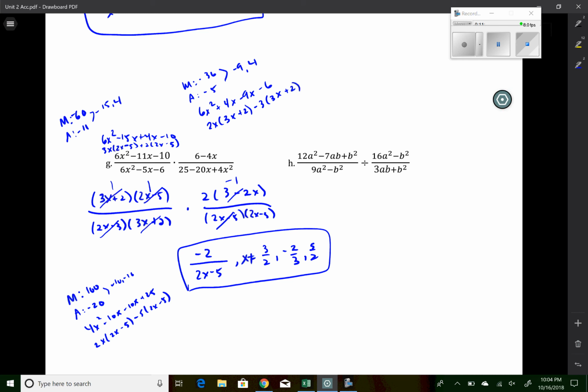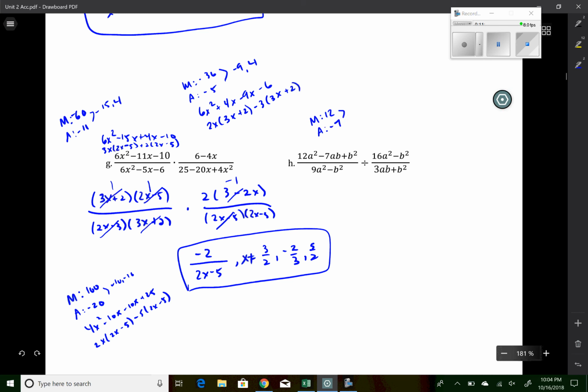Part H. So part H, we have some more, again, just more challenging factoring here. Again, division. So we're going to change this and flip the second fraction. So the first numerator is kind of tough to factor, right? So I have 12 and 1. So what multiplies to make 12, but adds to make negative 7.